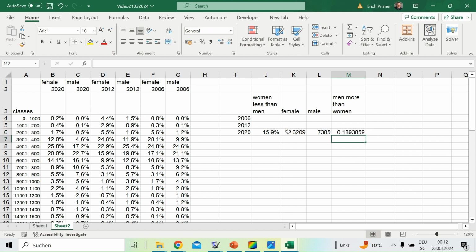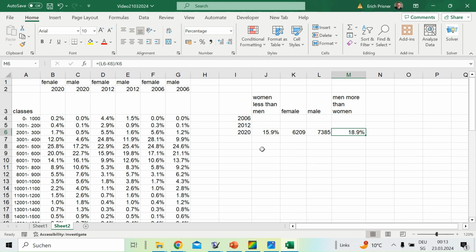And you see the number here. I also want to have percentages and I want to see one decimal. So 18.9% more. So the men make 18.9% more than women, and women get 15.9% less than males. So this is, again, depending on how you view this, how you express this. This is the gender pay gap 2020, so still a very high number.